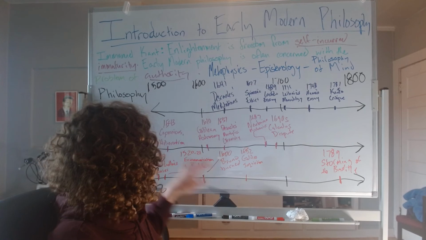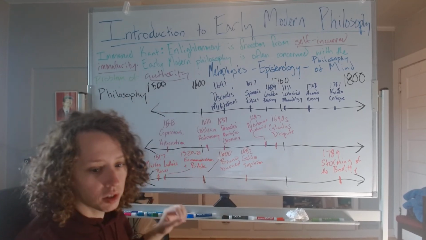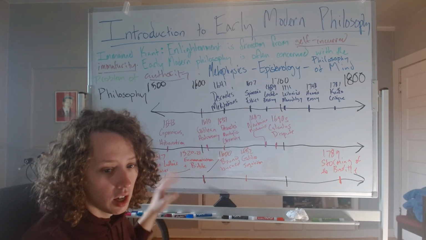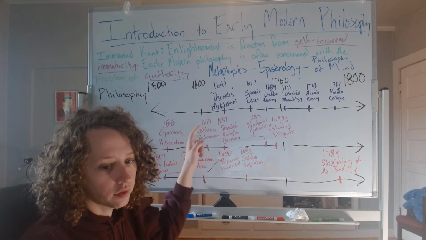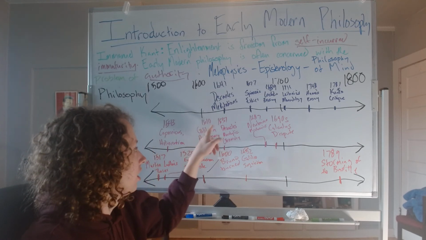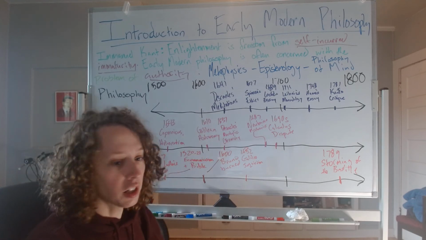Okay, so to do the science timeline really quick, we talked a little bit about the importance of the Copernican revolution. That's 1543. And then you see developments in Galilean astronomy soon after. Descartes invents analytic geometry.